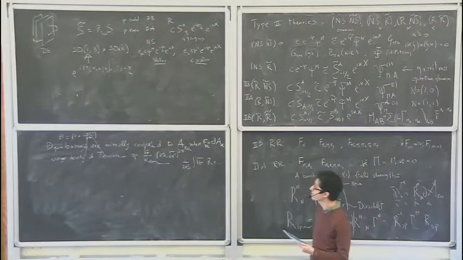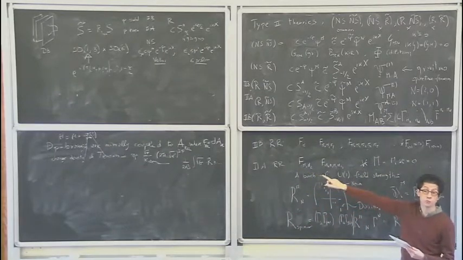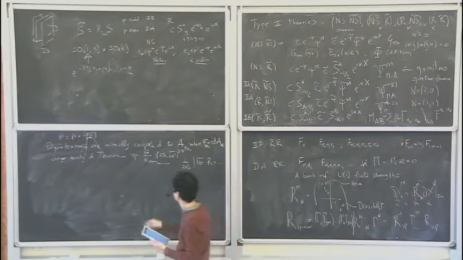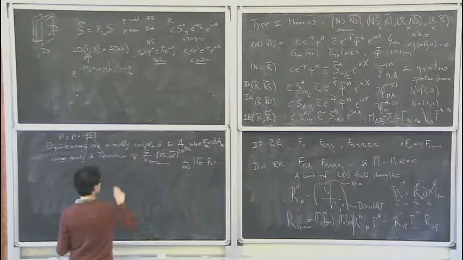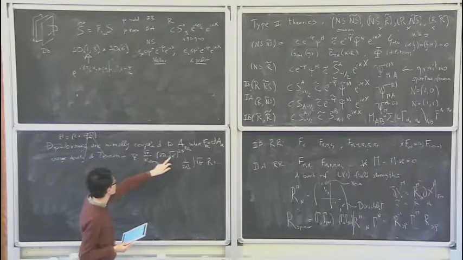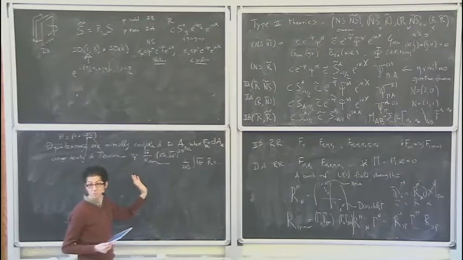So that's how you normalize your supergravity action. I think that's kind of standard. So you see, this is telling you that the tension of the D brane, sorry, is completely determined by string theory.